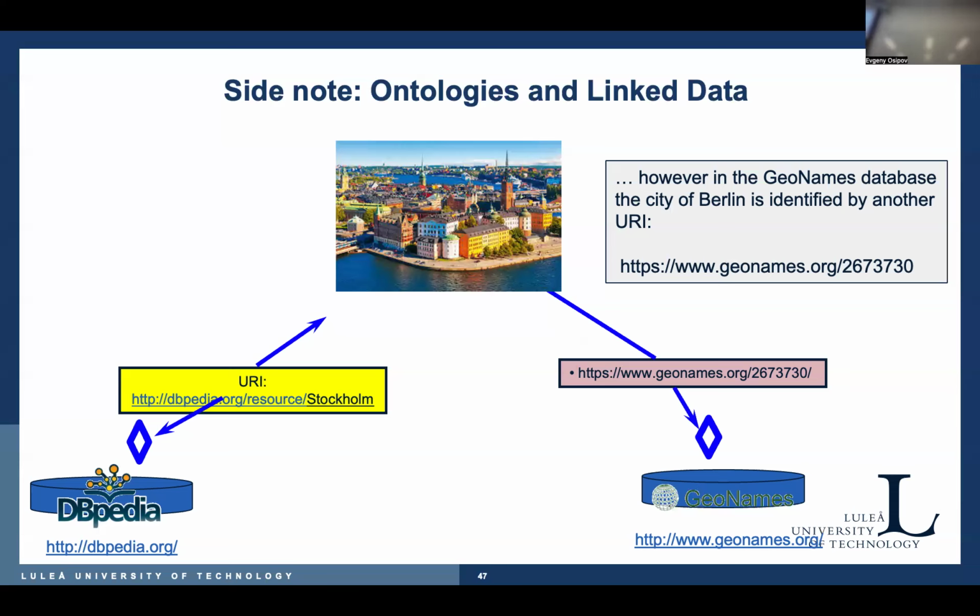However, you should understand that the same objects can be described in different ontologies, serving different purposes. For example, there is another ontology called GeoNames, which focuses more on geographic information about places. It also has a record about Stockholm.